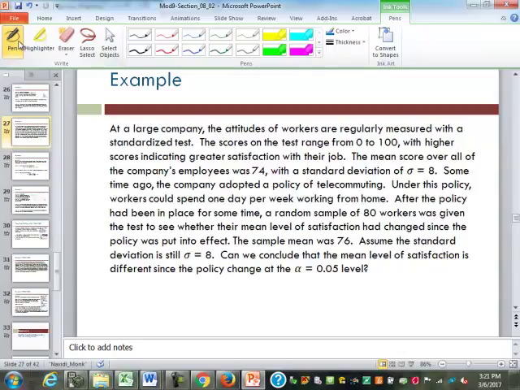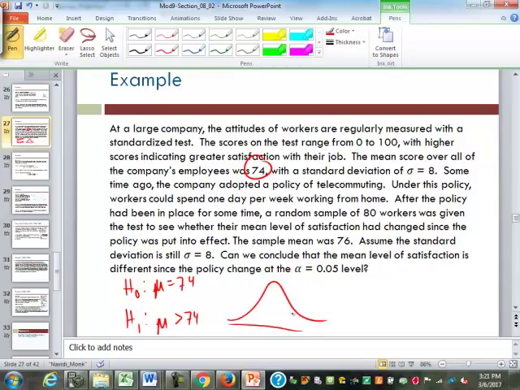So we're going to test the mean here for alpha of 0.05. Again, the null hypothesis is that the mean is still equal to what the old one was, 74. The alternative is that the mean is greater than 74. On our curve, again, we're rejecting on the upper end here. This probability is 0.05.